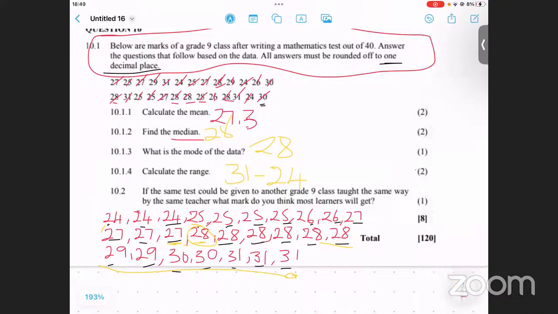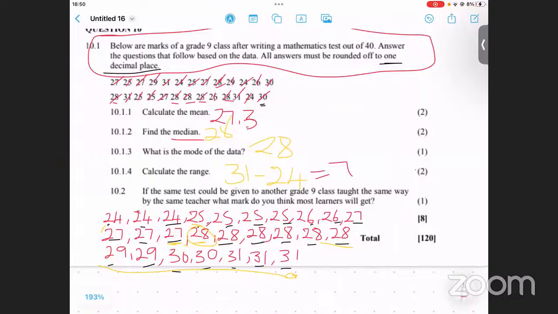Yes, ma'am, it's going to be 31 minus 24, which is 7. So now our range is going to be 7. Okay, perfect.